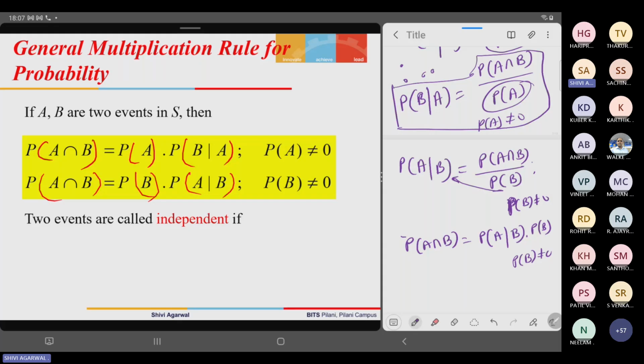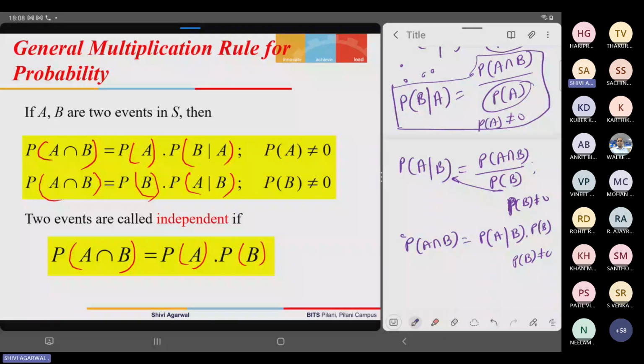Now we can say two events are independent if and only if probability of A intersection B is equal to probability of A multiplied by probability of B. So this is the concept which we are using here.